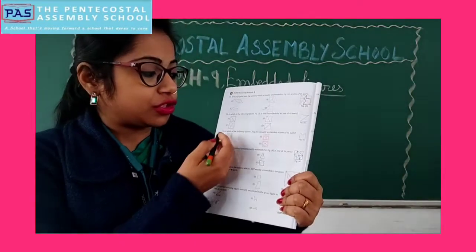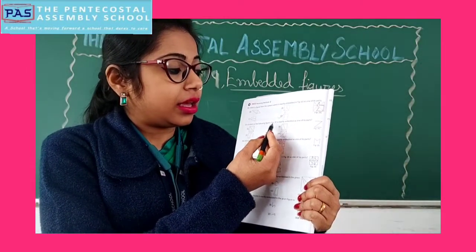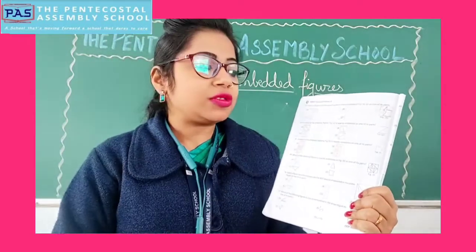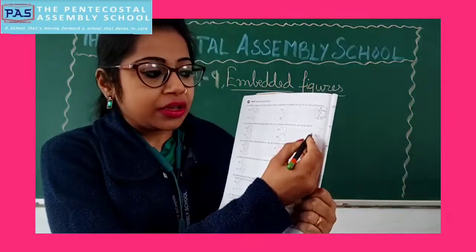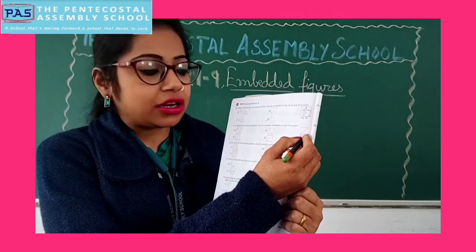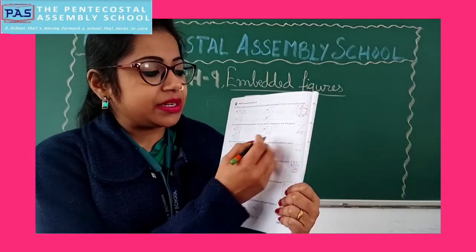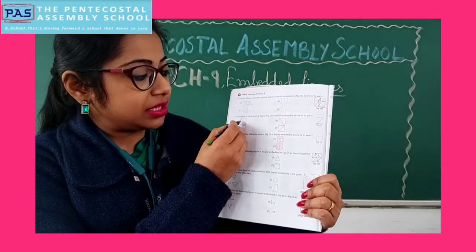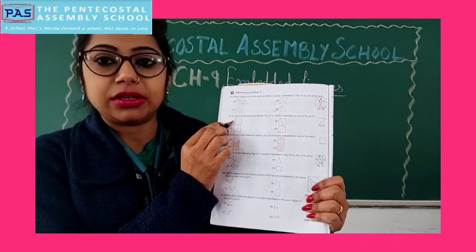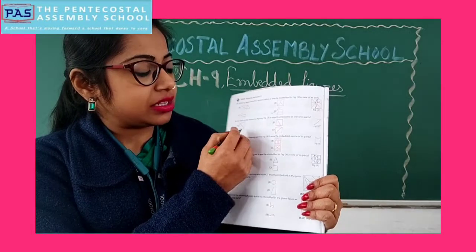Now moving towards question number 23. In which of the following is figure X exactly embedded as one of its parts? Almost the same question. Here in figure X there is a Z. You have to find out in which figure this Z is embedded. In option A, the Z is a mirror image, the Z is opposite, so this is not your answer.